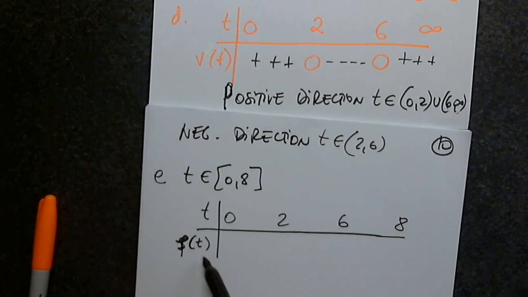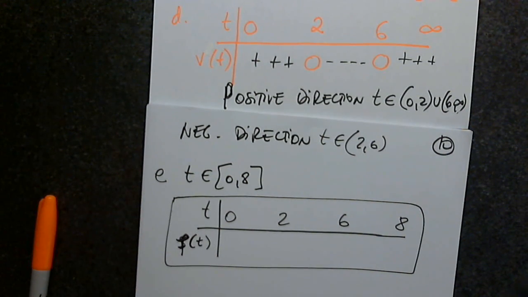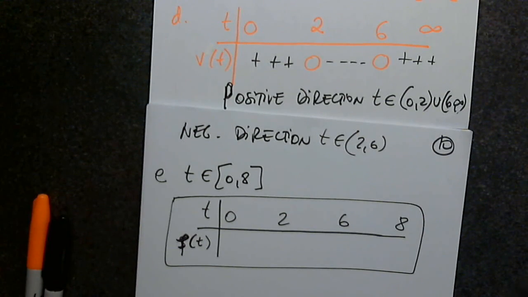I don't really need this table other than finding the values, and I'll explain what we do next. So let's put in the function. We don't have any, so let's put the function in: t cubed minus 12t squared plus 36t.